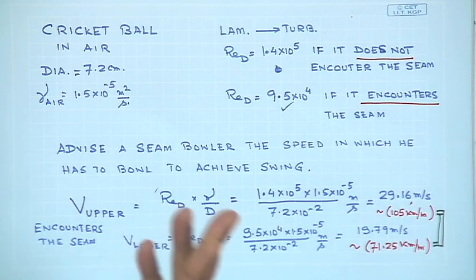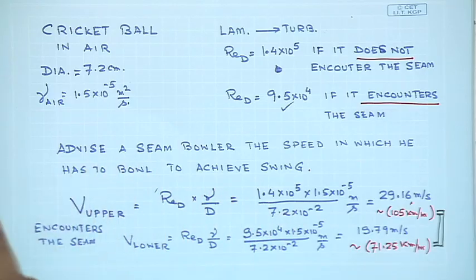So, 105 and 71, if only you can bowl in that range, then you are going to create turbulent flow through the use of your seam, turbulent flow on one side and laminar flow on the other side. So, if you bowl within this range through the use of seam, you can move the ball in air, outswing or inswing.